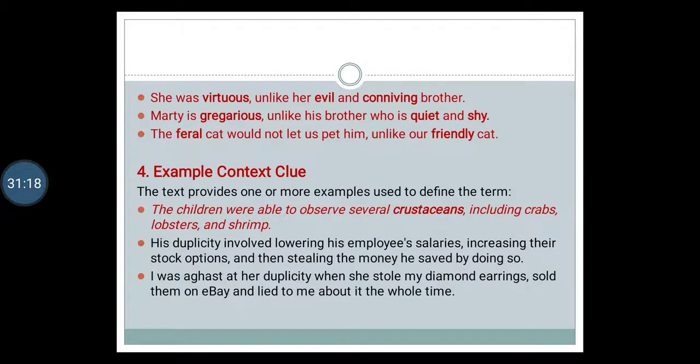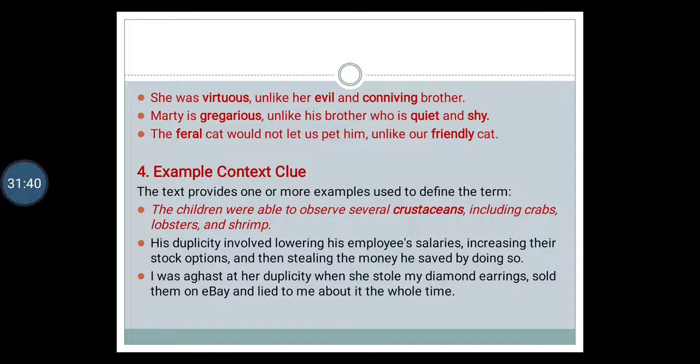She was virtuous, unlike her evil and conniving brother. So, virtuous. The antonym of virtuous, evil, and conniving. All right.